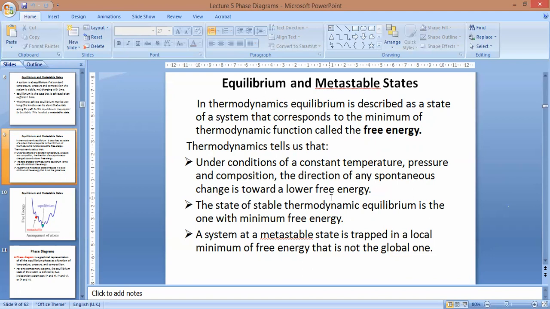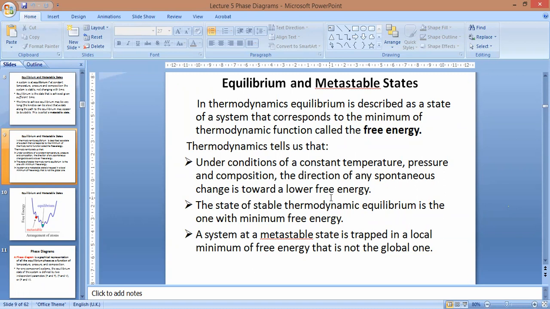The second point here is that the state of stable thermodynamic equilibrium is the one with minimum free energy. The third one is that a system at a metastable state is trapped in a local minimum of free energy that is not the global one. Okay? So I'll right away tell you that in reality, in industry, no one has the time to have stuff done at equilibrium state, obviously because it takes so much time, days, hours.